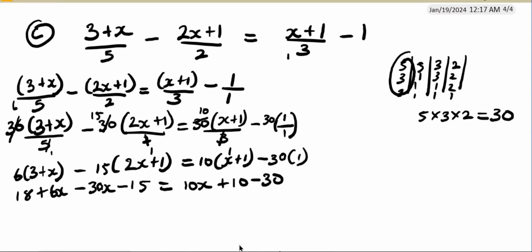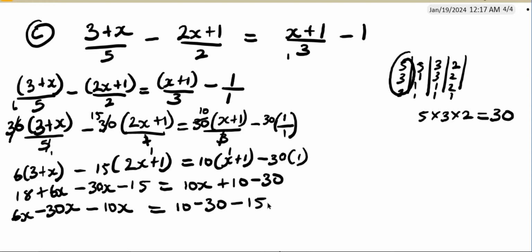So we have to collect like terms now. So I'm going to bring all the x on this part of the equation, then all the constants on this part of the equation. So I'll have 6x − 30x. So 10x crossing over becomes minus 10x equals to, I have 10 minus 30. So 15 will come over as minus 15, 18 will come over as minus 18.